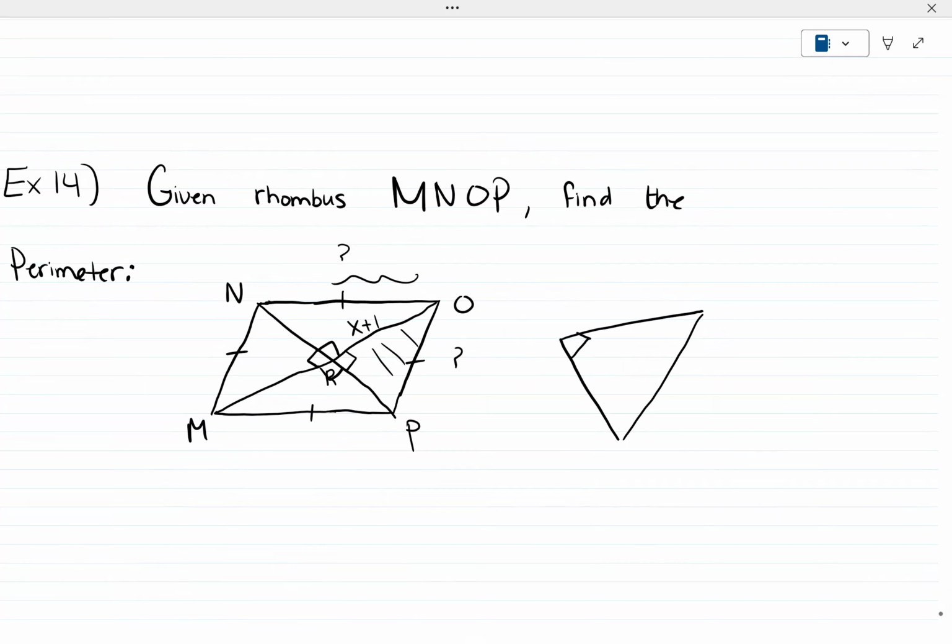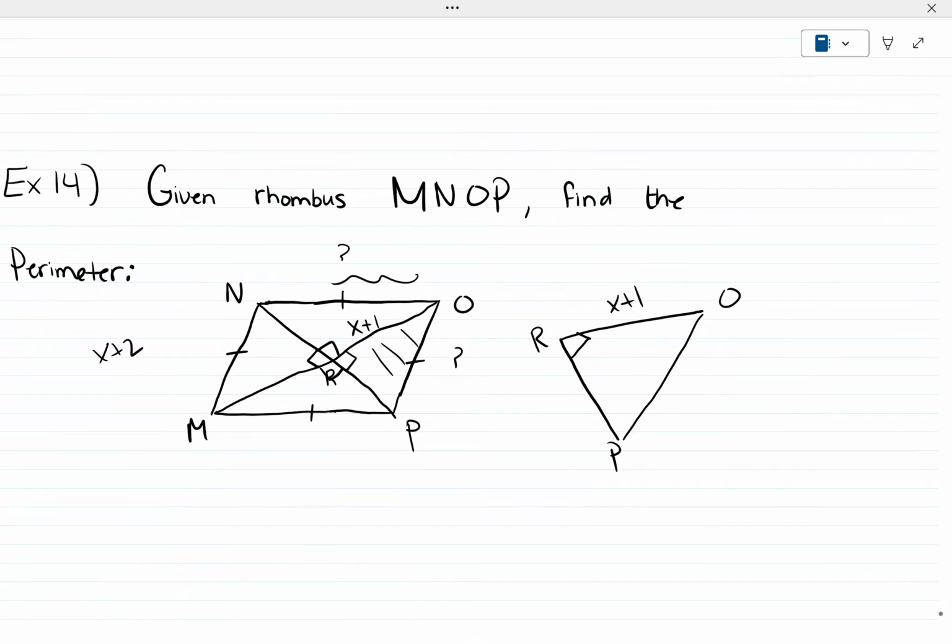This one's a right triangle. This is P R O. And then this is going to be x plus 1. And then this length here is, oh, I forgot. This was given x plus 2.